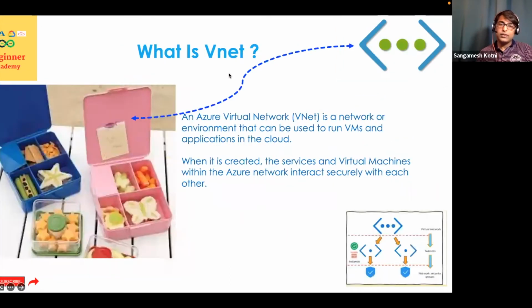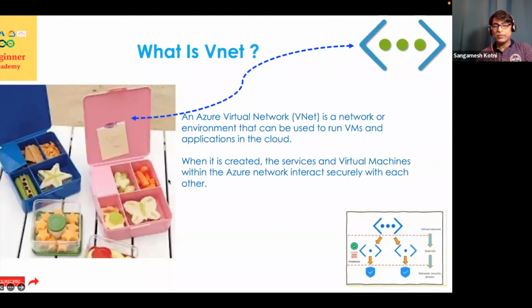So next one is VNet, right? A VNet is a network further down. It's a network segregation, right? So if you could see here, this box is a VNet. Under that, these further boxes can be subnets. Under the subnet, there can be different items, right?